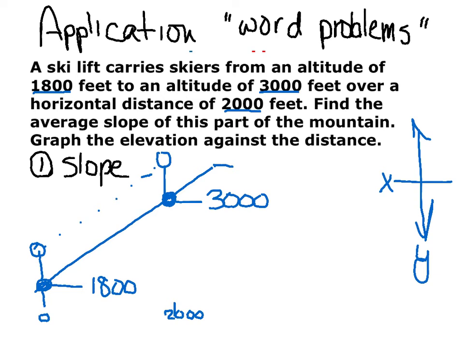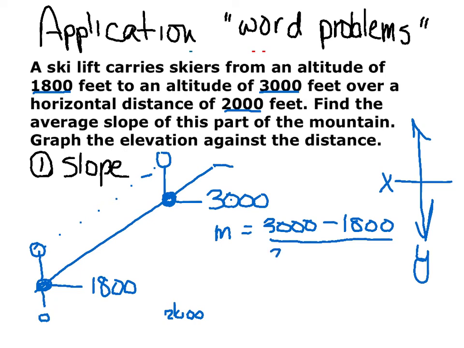So if we have change in y, which is the up and down, my slope is 3,000 minus 1,800 over my horizontal distance. I did 3,000 minus 1,800, so I need to do 2,000 minus 0.